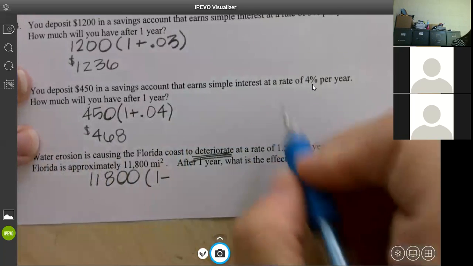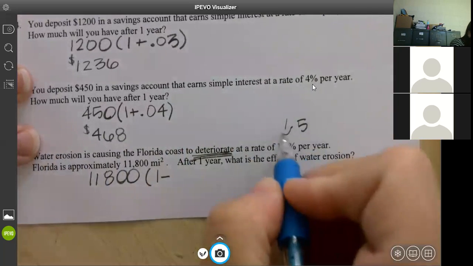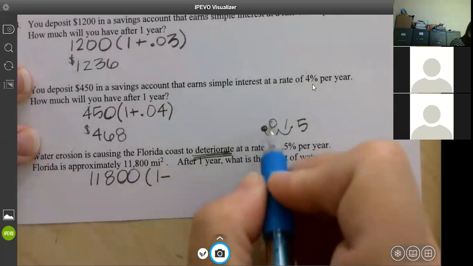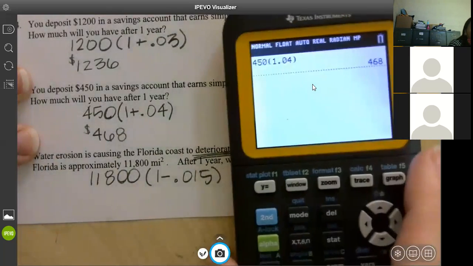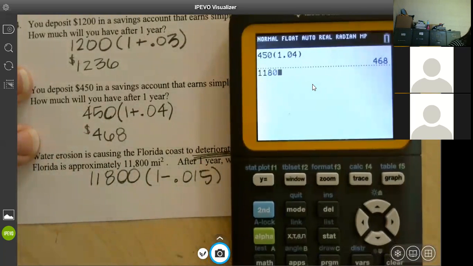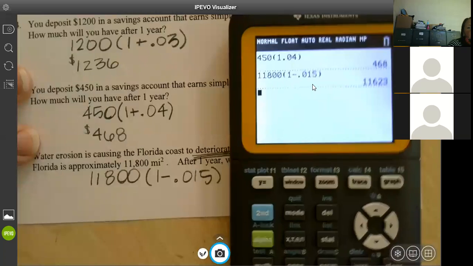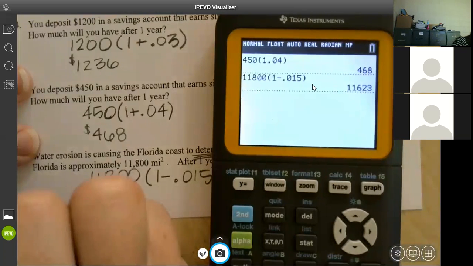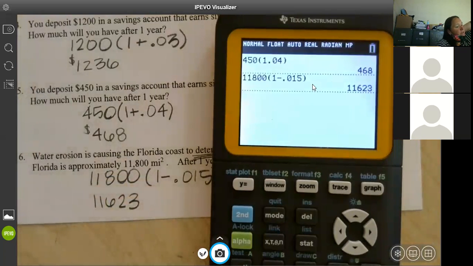And how do I write 1.5% as a decimal? Move it 2 places, fill it in, 0.015. Put that straight into your calculator. 11,800 times 1 minus 0.015 gives me 11,623 square miles. And that's it.